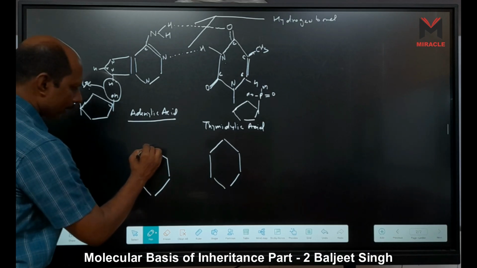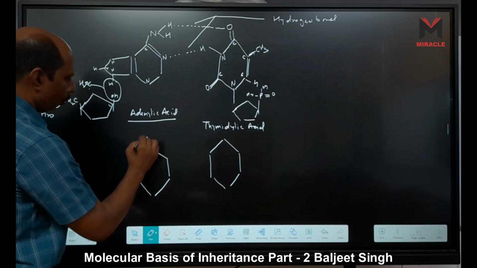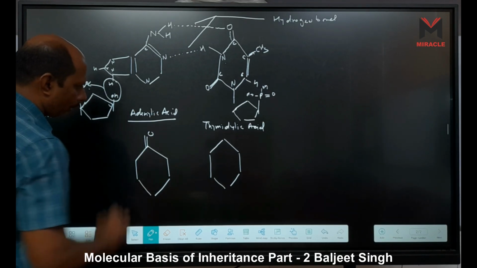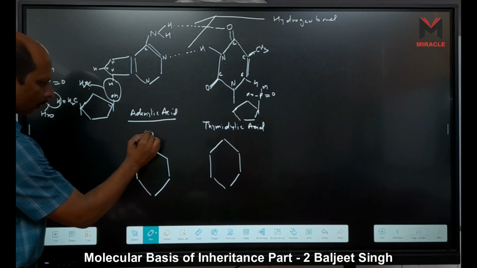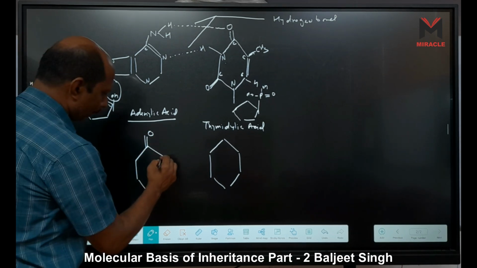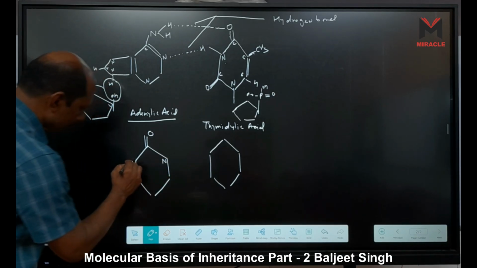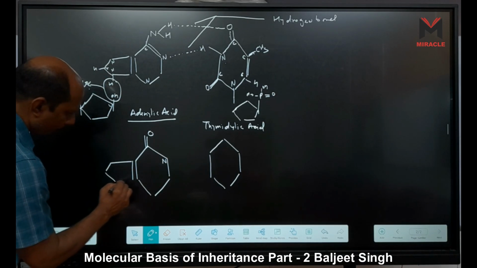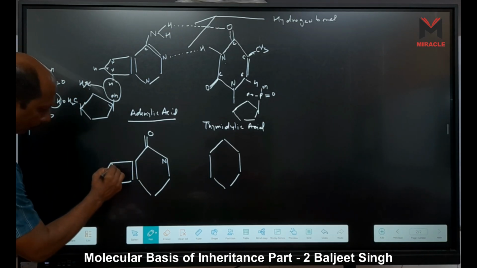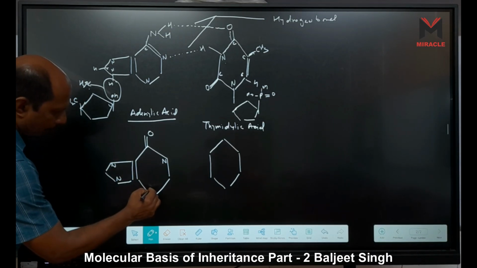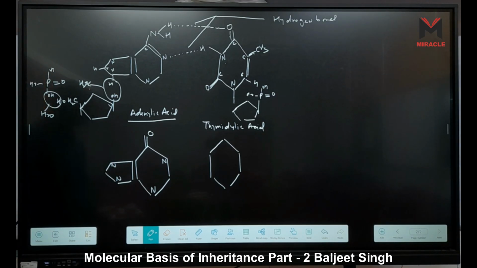Look here, guanylic acid contains a double bond O. We know very well, double bond O is there, right? This side, this one is the N. This side is N, N, and these are the positions of N, right?